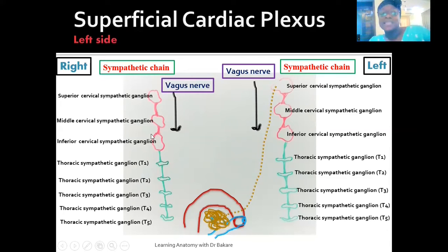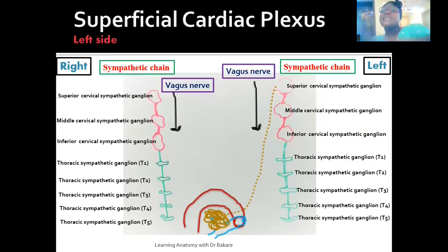We also have it on the right. But where it's receiving nerve contribution from within the sympathetic component is the superior cervical sympathetic ganglion on the left side. So we have this emergence here coming down to form a structural component of the superficial cardiac plexus, which is going to be supplied by the sympathetic chain.